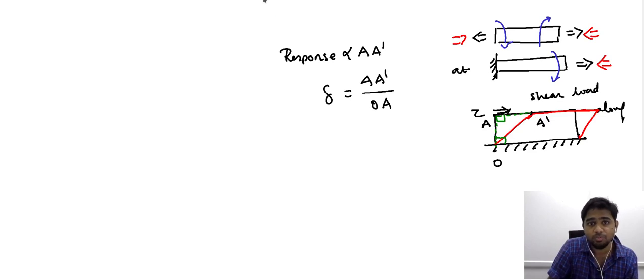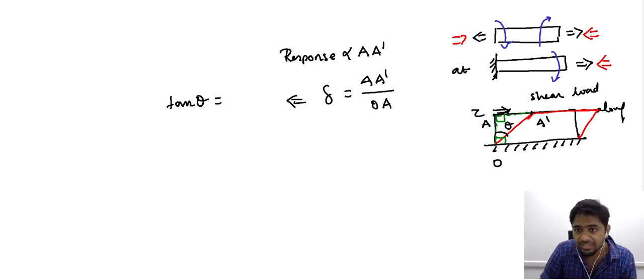So therefore it is possible for us to describe the response of the material to shear loading in terms of this loss of orthogonality. To quantify this loss of orthogonality, we are considering this angle here, that is theta, and when you consider tan theta, considering this triangle, A prime is a right angle triangle.